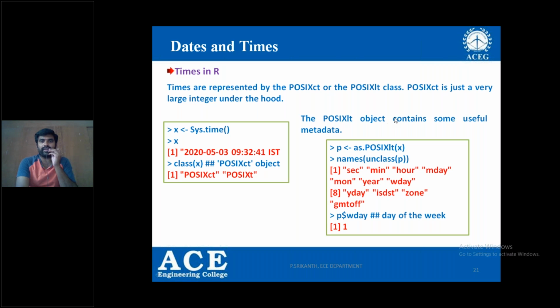Inside this particular object, these are the things that will be displayed: mday, in the sense of month day, month, year, weekday, and what the hour, minute and second are at this particular position. So if I check weekday, yes, it is the first day of the week.